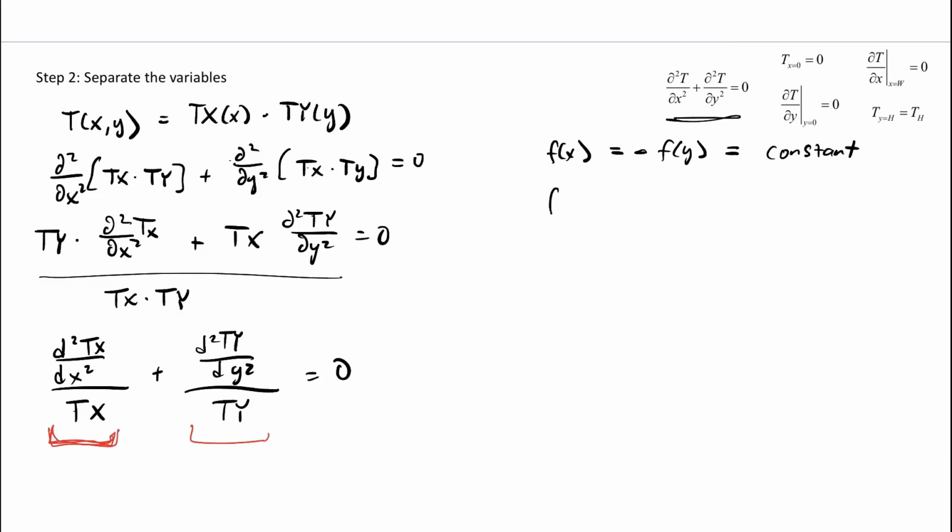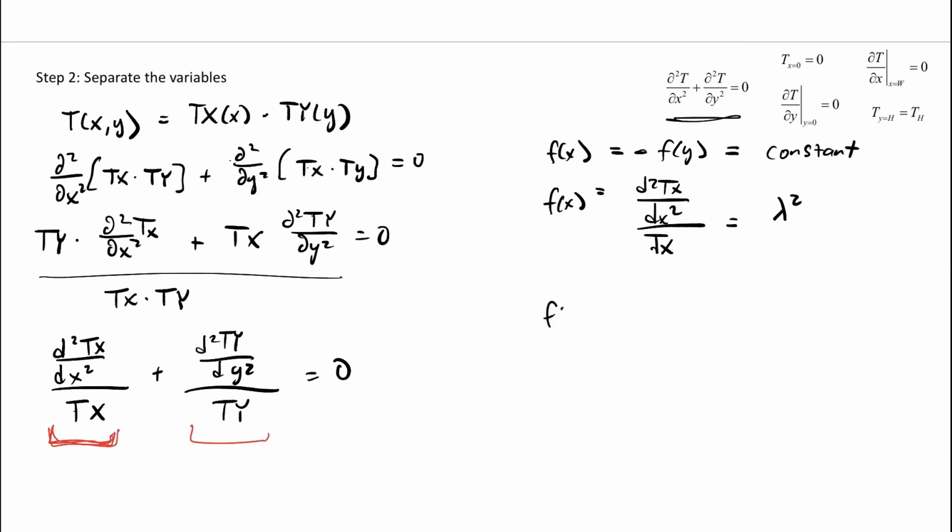So my function of x, we'll write it out, is d squared Tx over dx squared over Tx. That's going to be equal to, we'll call this constant lambda squared, because we want the constant to be unambiguously a positive value.